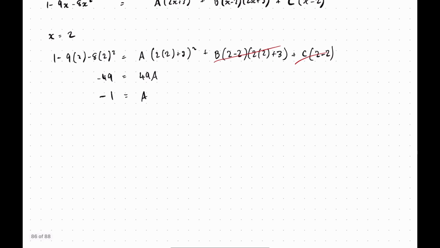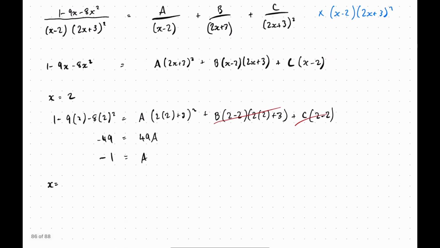I'm now going to cancel out the a term, which will cancel out my b term. So I'm going to use, well, 2x plus 3 must equal 0, so x is equal to minus 3 over 2, so minus 1.5.